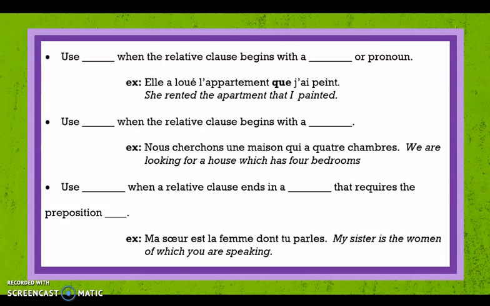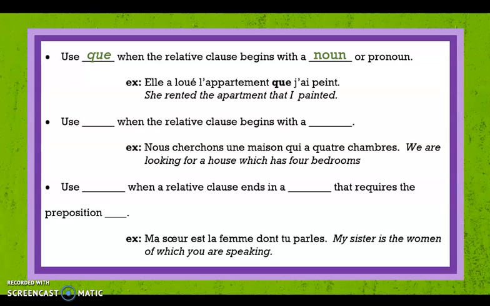All right. You use que when the relative clause begins with a noun or pronoun. Here's my example. Elle a loué l'appartement que j'ai peint. All right. She rented the apartment that I painted. Notice that our main clause, elle a loué l'appartement, introduces the noun appartement.